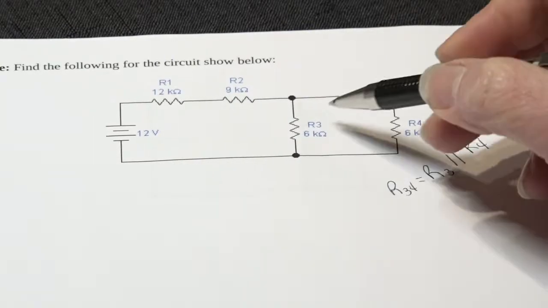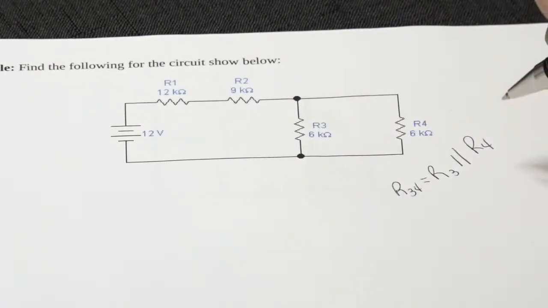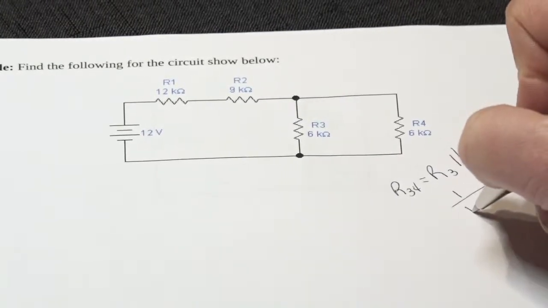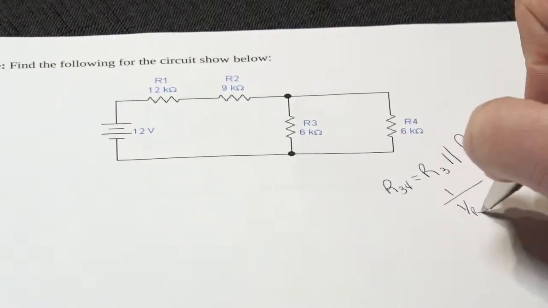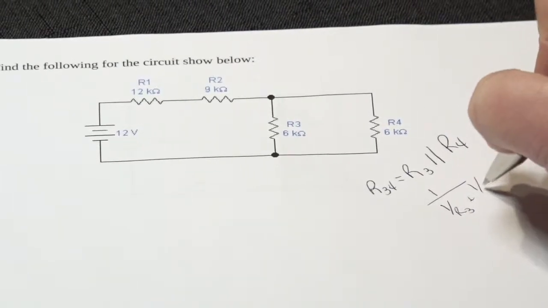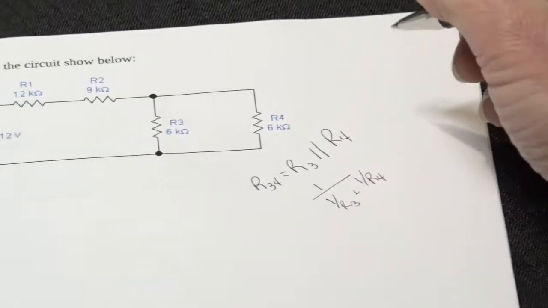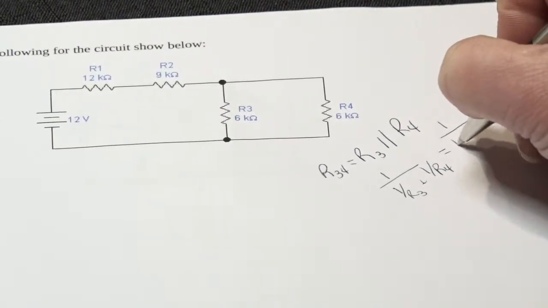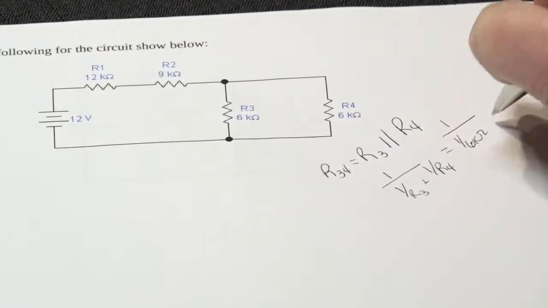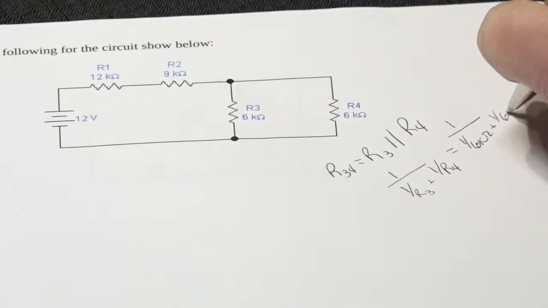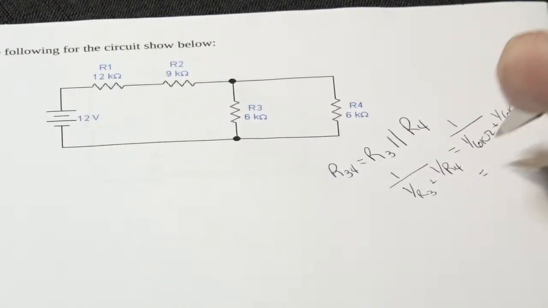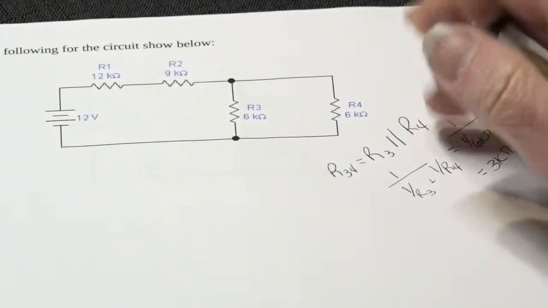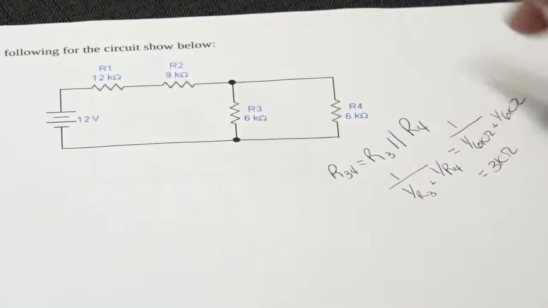We find the combination of that resistance simply by saying 1 over R3 plus 1 over R4, which is 1 over 6K ohms plus 1 over 6K ohms, which gives us 3K ohms. So now we want to redraw with this information.